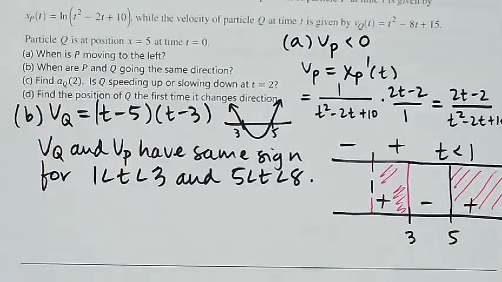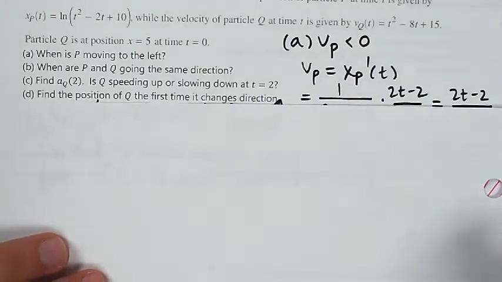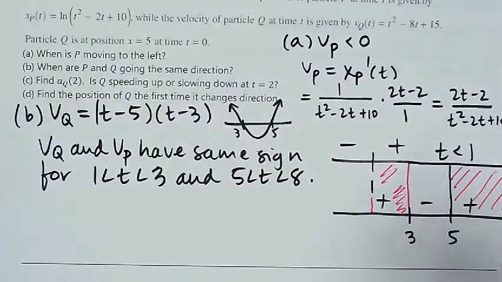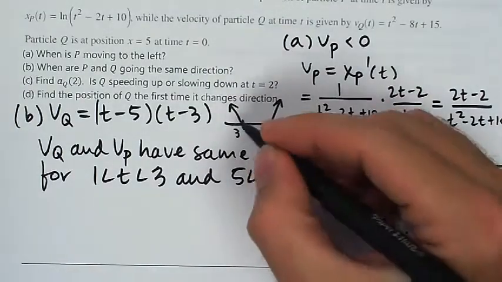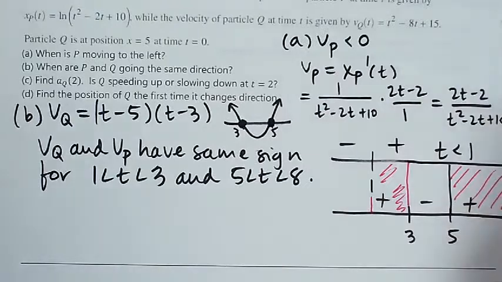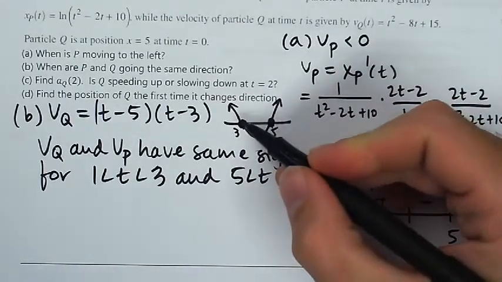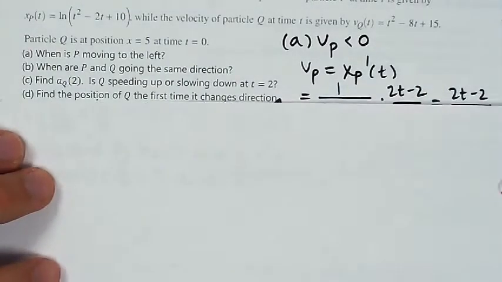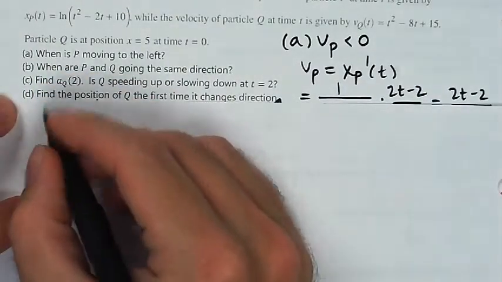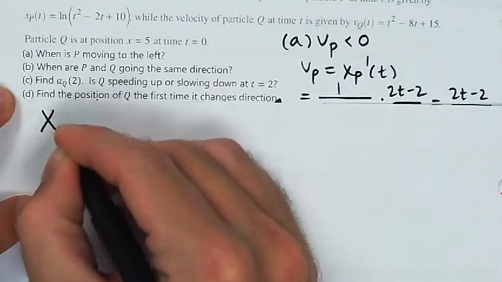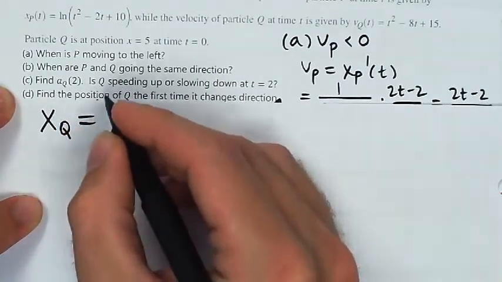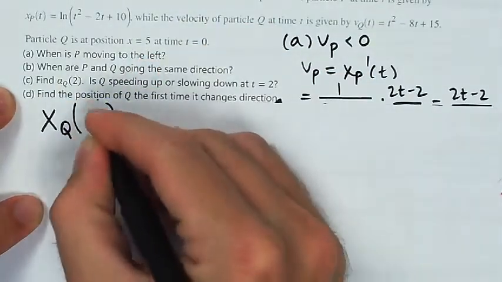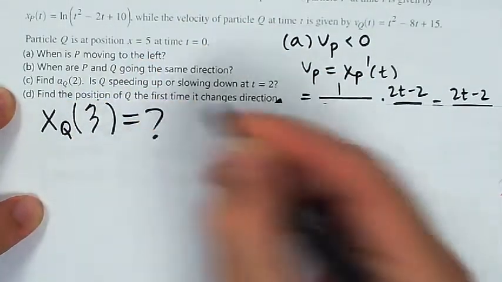That was part C. Part D is going to be find the position of Q the first time it changes direction. Okay, so Q changes direction at time 3 and at time 5. So I need to find the position of Q at time 3. XQ of 3 equals what?